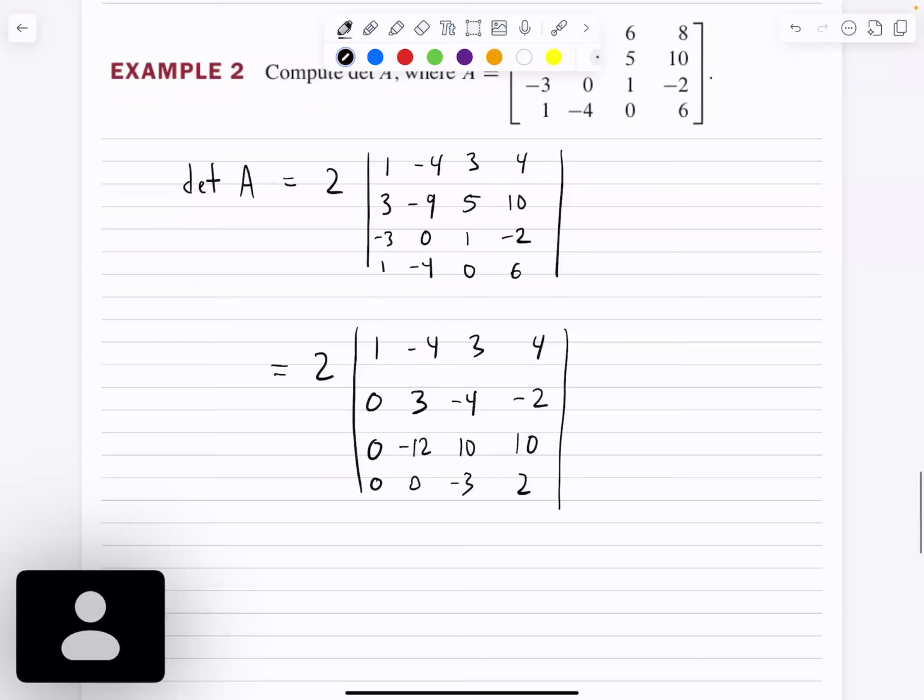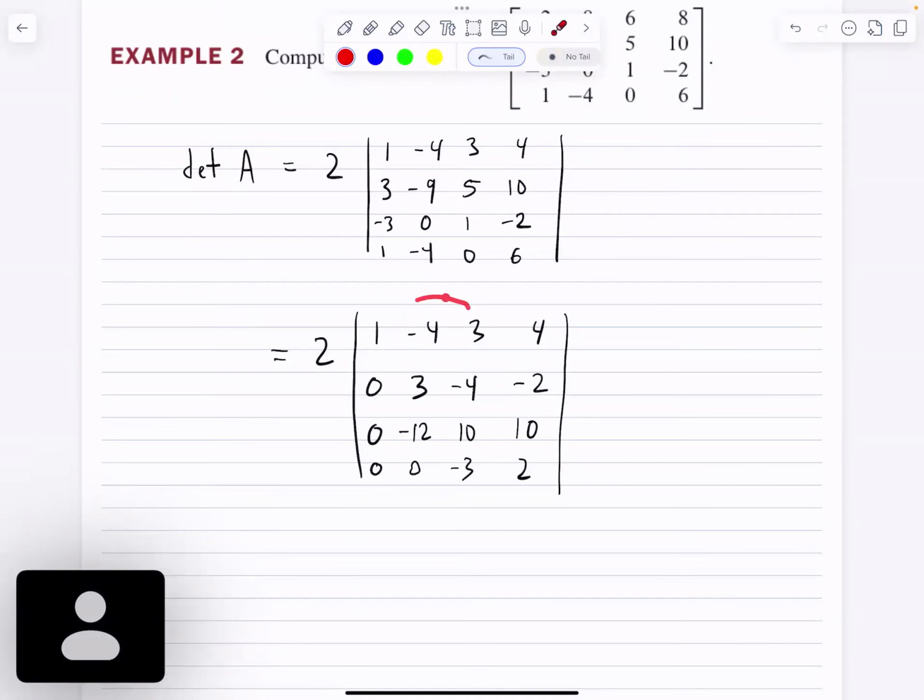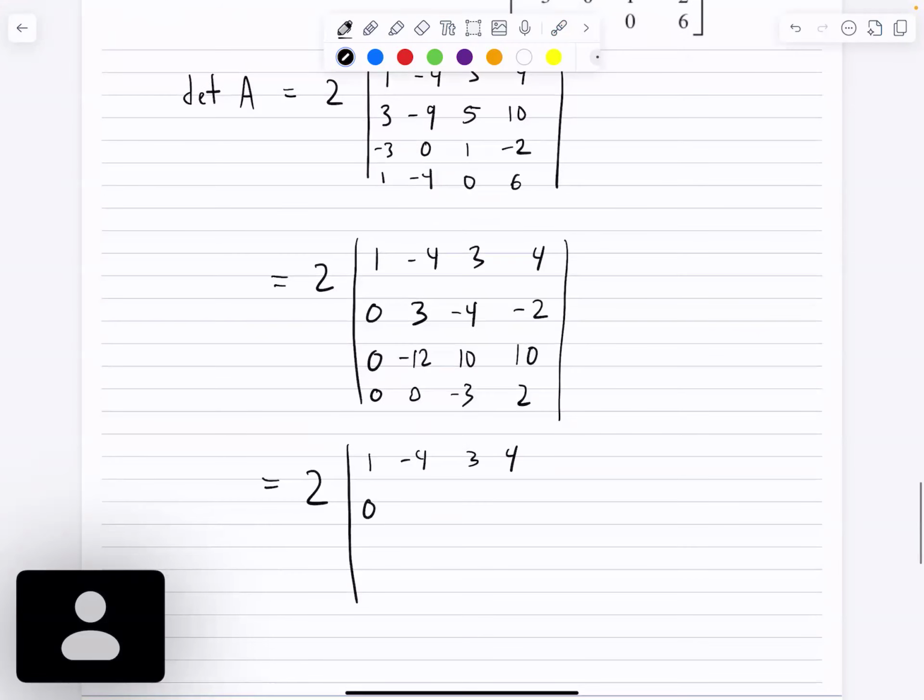Now this determinant is much easier because I have a bunch of zeros in it. I can make it even simpler and make it upper triangular by using this position to get rid of this. So add 4 of that row to the other one. So 1, -4, 3, 4, 0, 3, -4, -2.